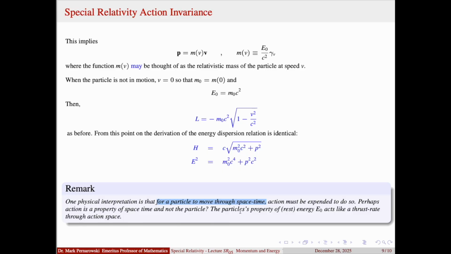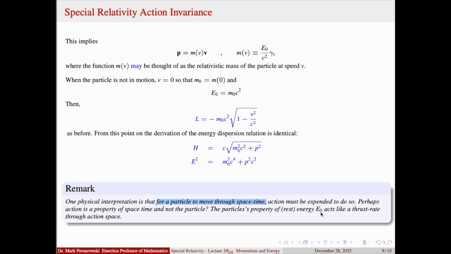But when you look at it that way, the particle property of rest energy acts like a thrust rate, because the rate of change of action is constant. It's equal to this constant thrust of minus E naught. So I view it as like a particle going through molasses, and there has to be a constant force pushing it through the molasses, and the force is given by E naught.